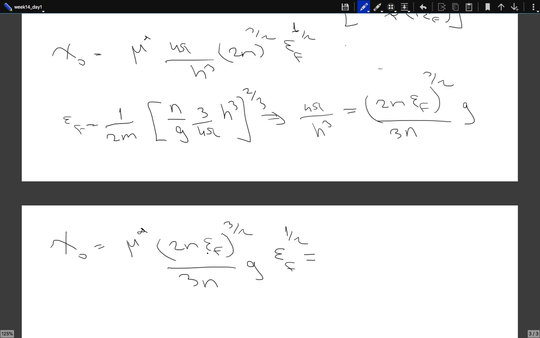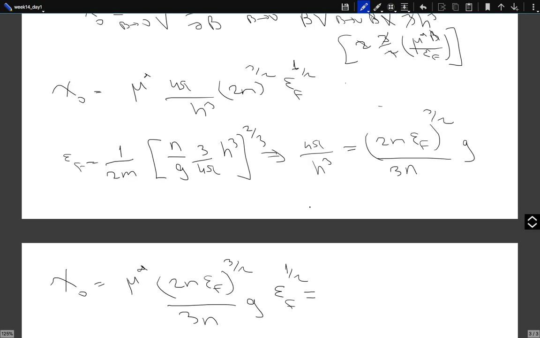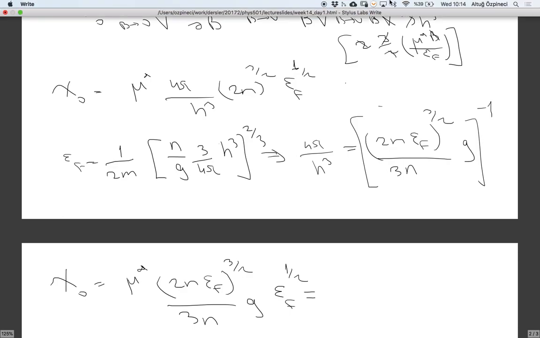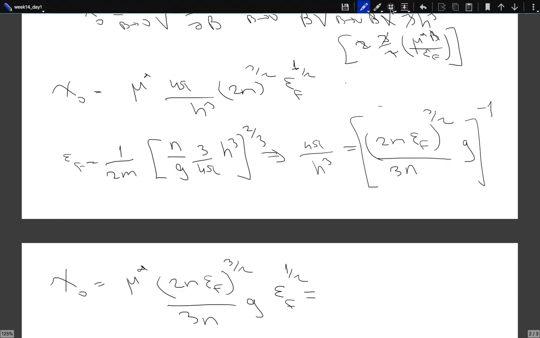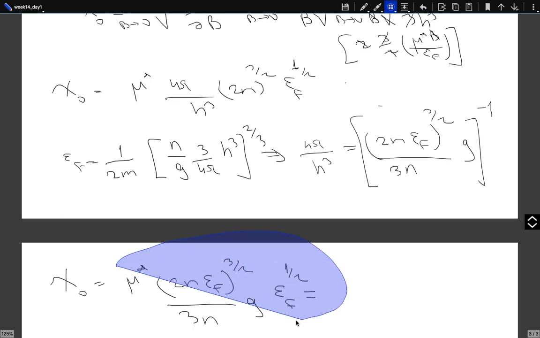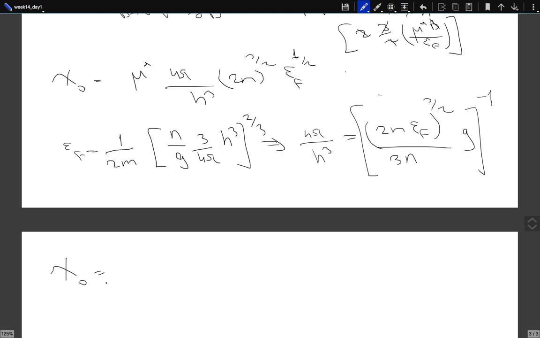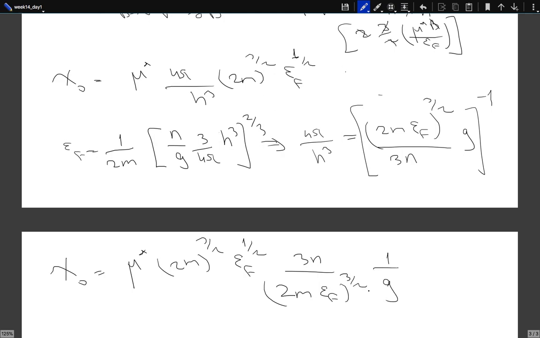Did I make some mistake somewhere? Yes, sorry, all of this is inverse. So here I have h cubed over 4 pi, I move it to the other side, so I need to move the epsilon Fermi to this side. So the zero field magnetic susceptibility is mu star times 2m to the power 3 halves epsilon Fermi to the power 1 half times 3n over 2m epsilon Fermi to the power 3 halves times 1 over g.